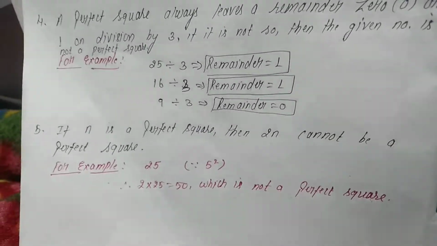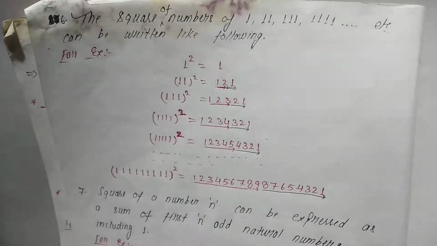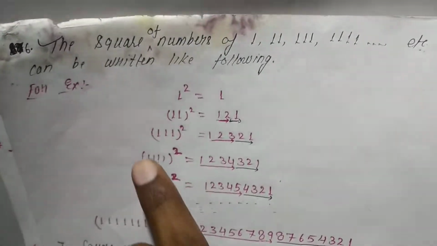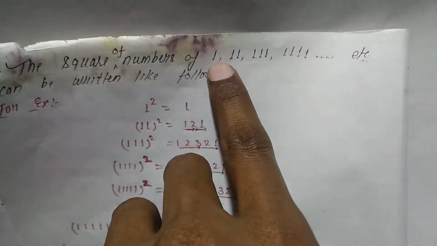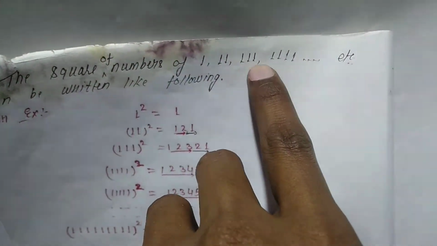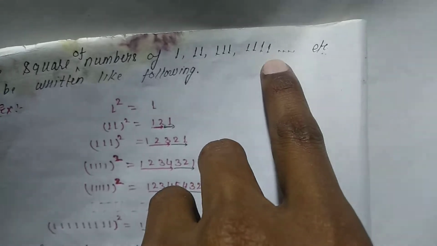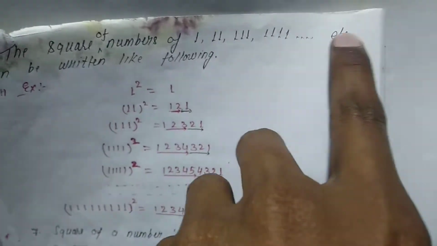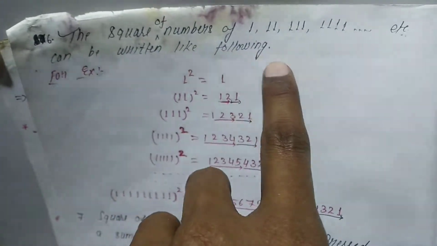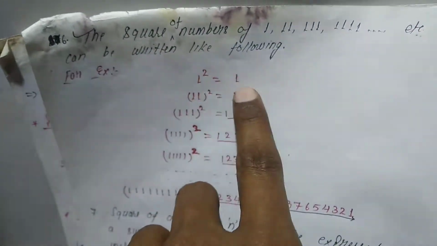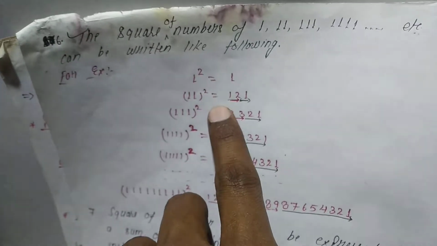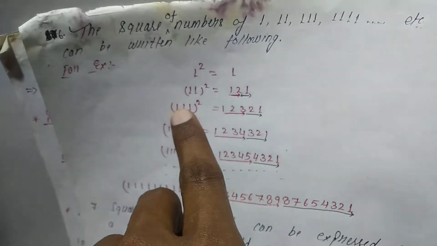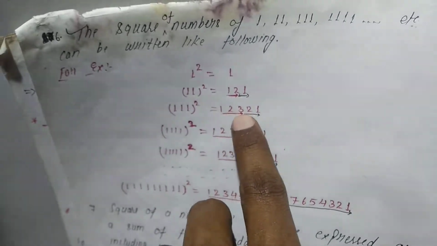Now moving to the next property. Now see, the squares of numbers 1, 11, 111, 1111 and so on, up to 9 digits of 1, can be written as follows. See, square of 1 is 1, square of 11 is 121, square of 111 is 12321.